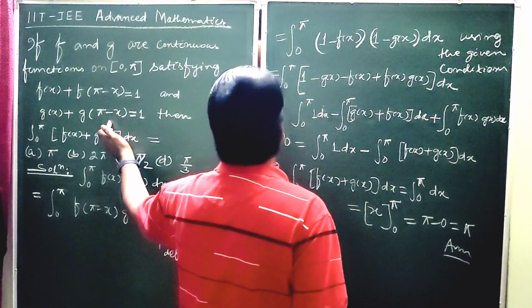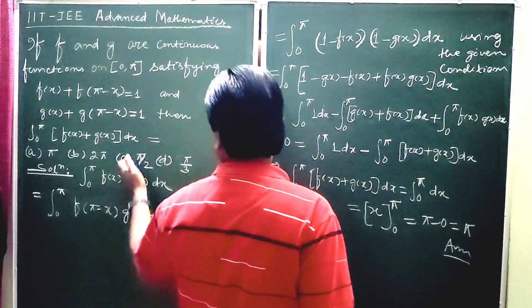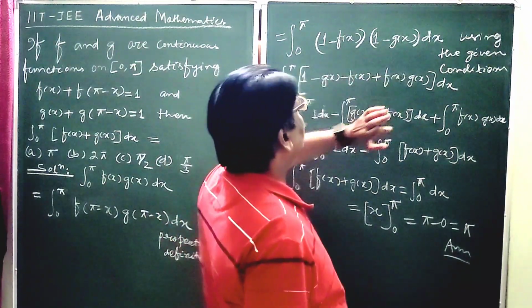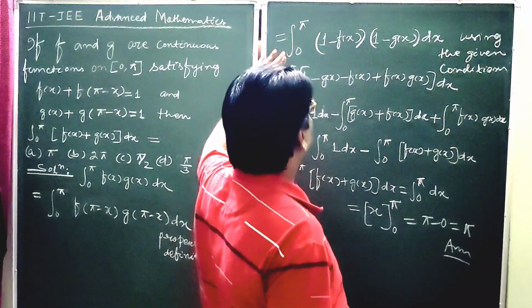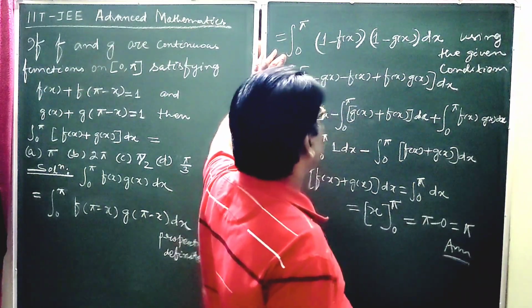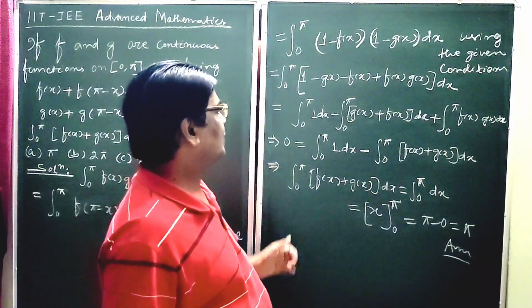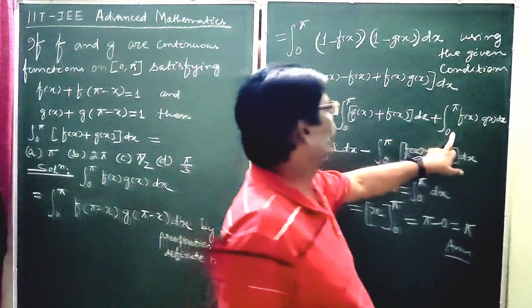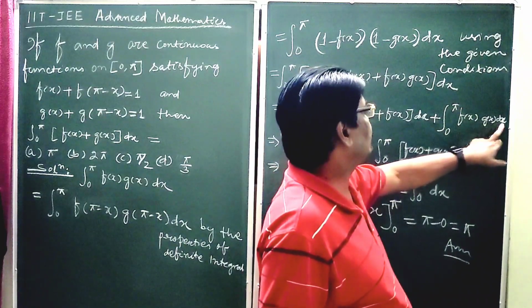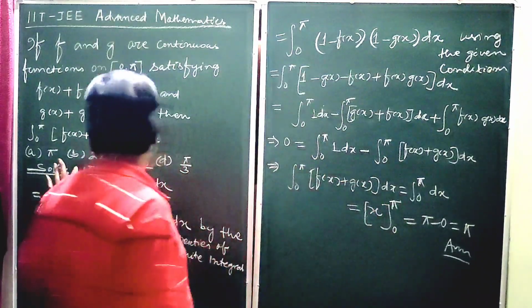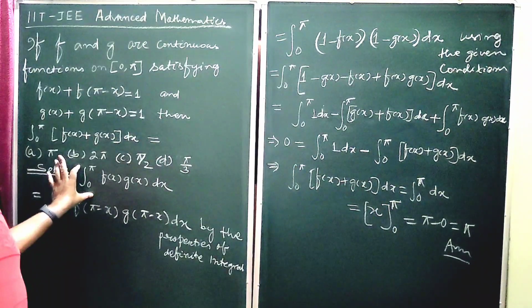Similarly, g of pi minus x is equal to 1 minus g x. Now multiplying the expressions here and after simplification, we get the integration from 0 to pi of f x g x dx, the same integral that we started with.